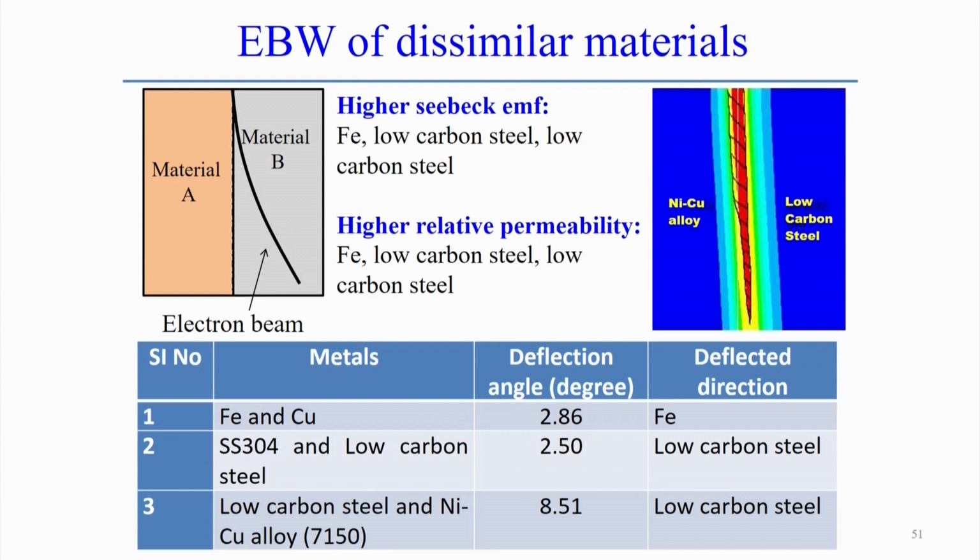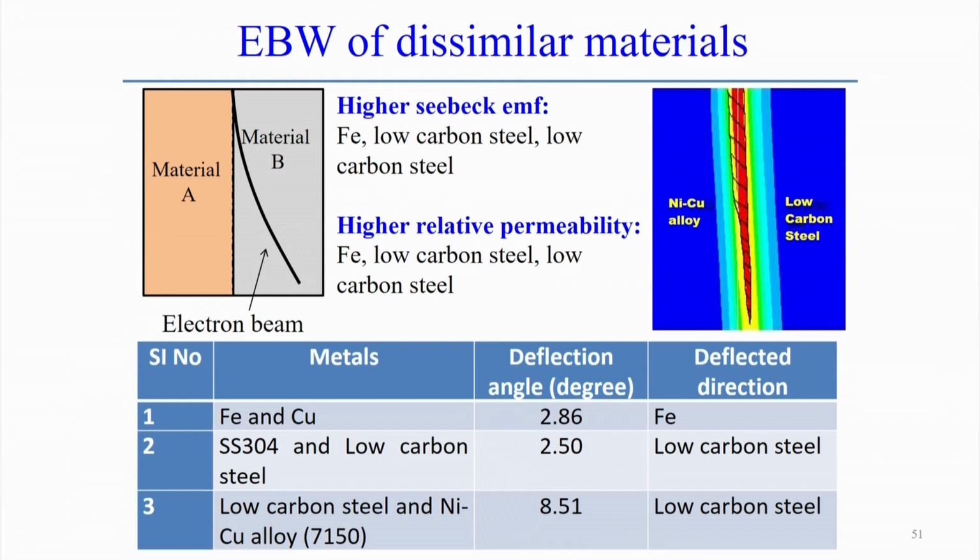The higher relative magnetic permeability is in iron in the first case, and low carbon steel in the second and third cases. So, with higher EMF generation and high relative magnetic permeability of all this low carbon steel and iron, in all the cases the beam is deflected towards either pure iron or low carbon steel, because the relative permeability is higher for all these three materials.